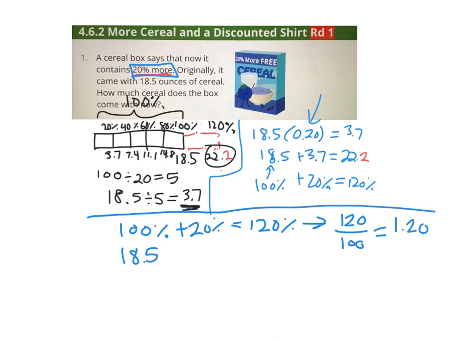Now, if I want to know what 120% of 18.5 is, I'm going to take 18.5, and I'm going to multiply it by 1.20. And if I do the multiplication, I'm going to get 22.2. And that's basically the least amount of work to get there, because we don't really have to show this step right here, but you can if you need to.